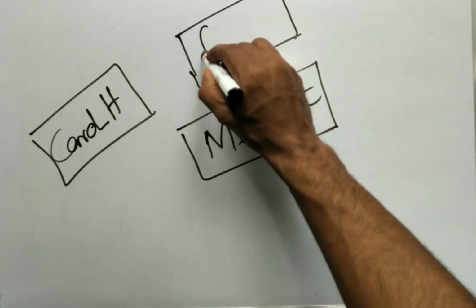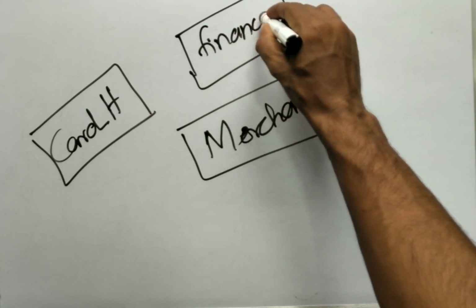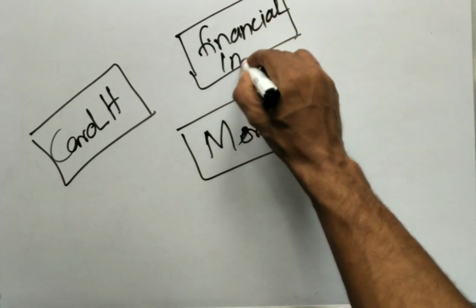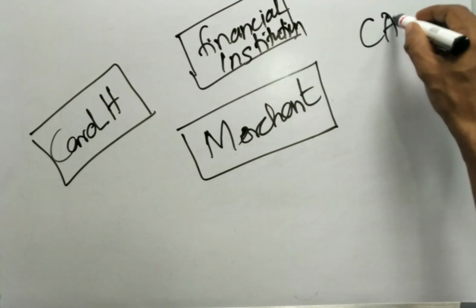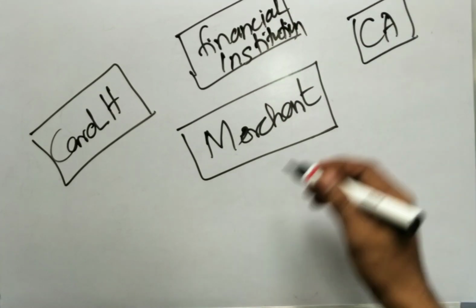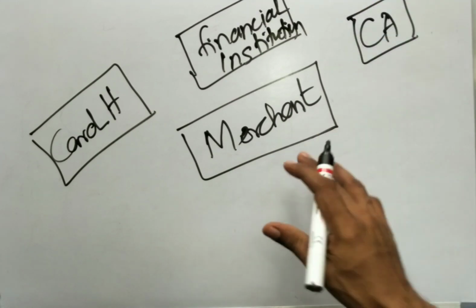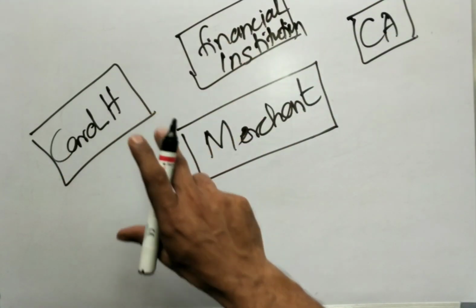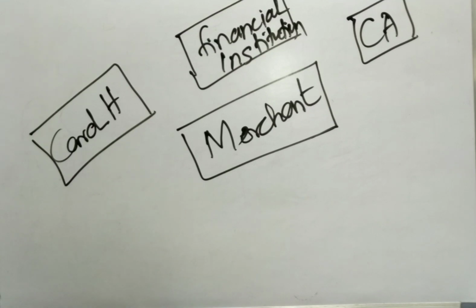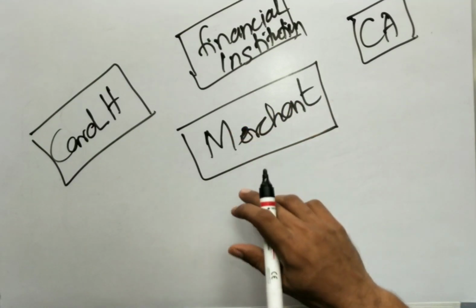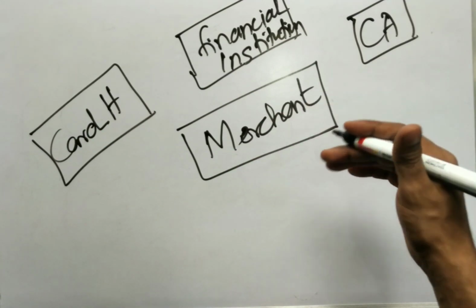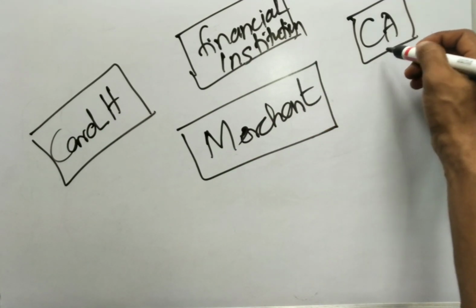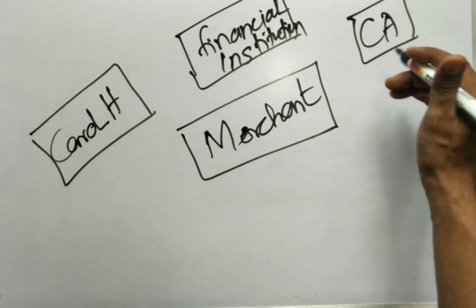One more role player we have discussed is the certifying authority. So all these parties should have digital certificates. So how do they get this digital certificate? First of all, from a third party, meaning the certifying authority.